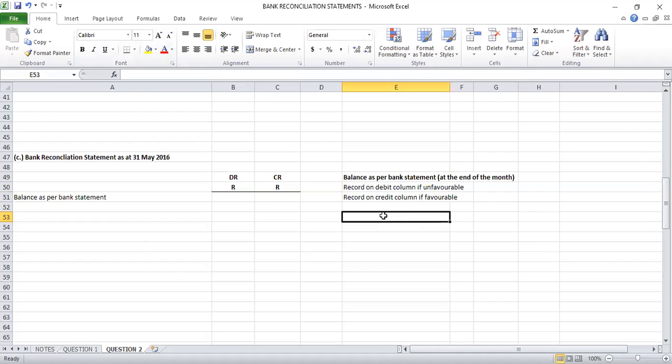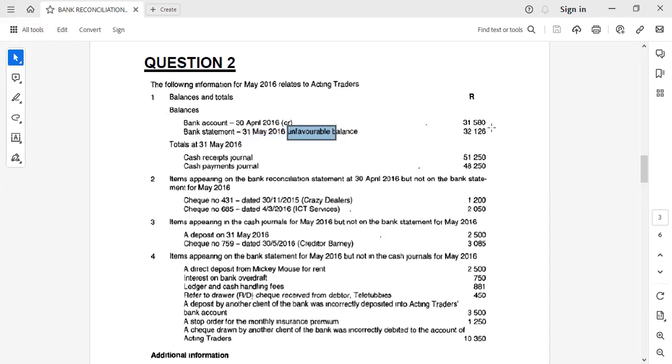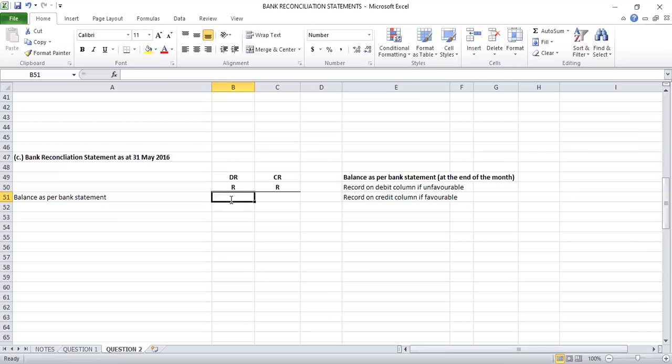So you have to check, is it favorable or unfavorable? In this particular case, we have been specifically told that this balance was unfavorable. So that's 32,126 on the debit side.